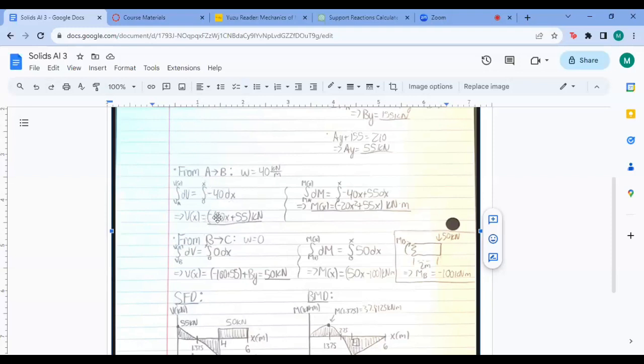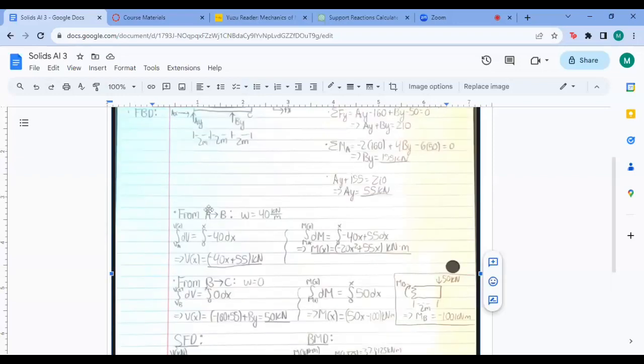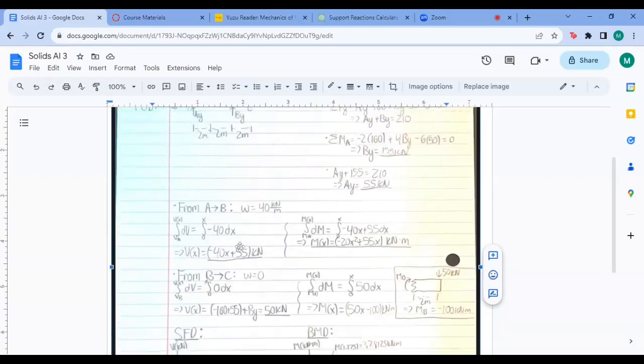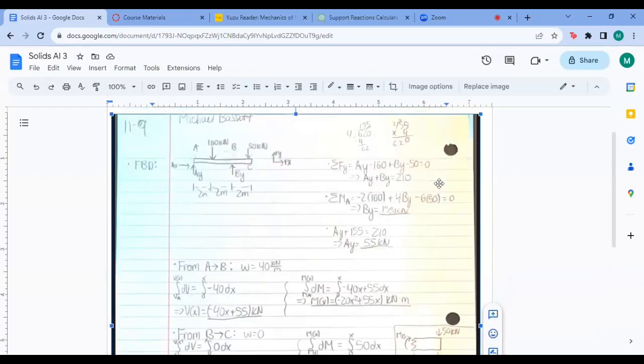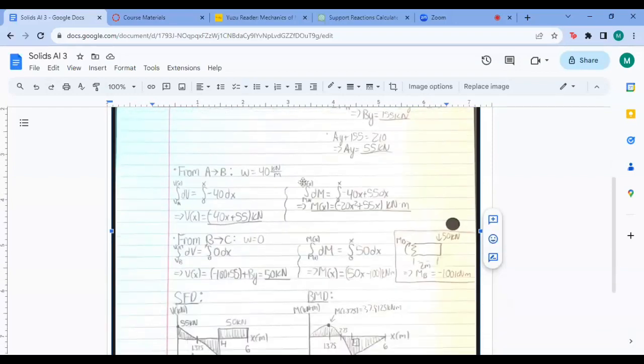I got that to be negative 40x from the integral, plus VA, which is 55 kilonewtons, as you can see here. And then the moment is just the integral of that. So I got negative 20x squared plus 55x from this integral here, and MA is equal to 0, as we can see from this equation right here.